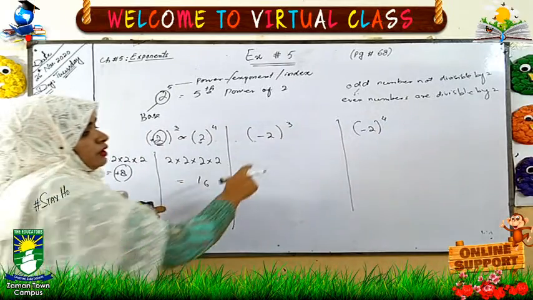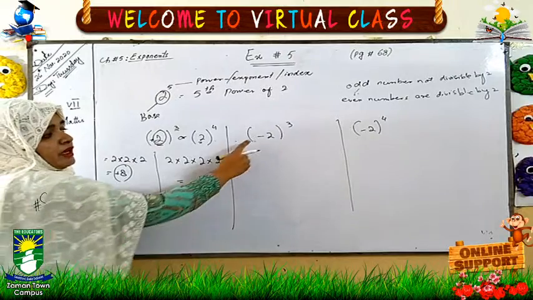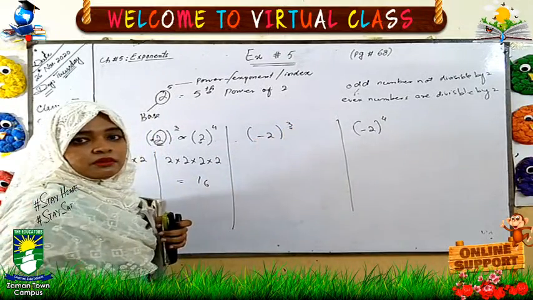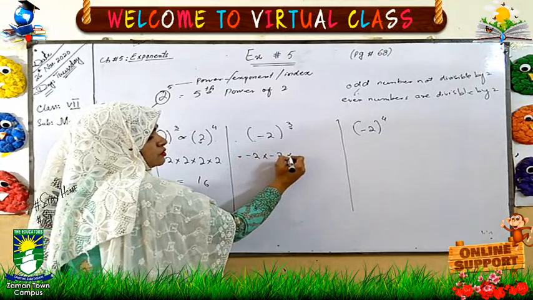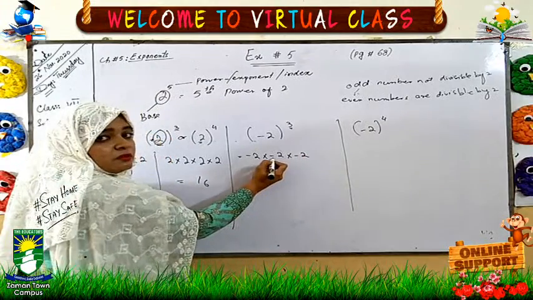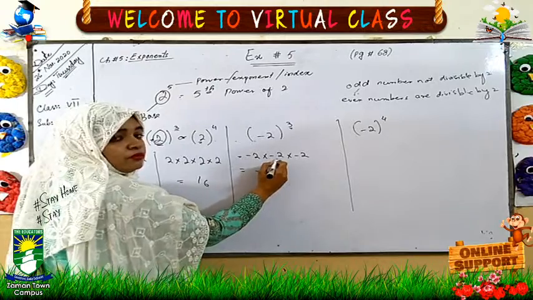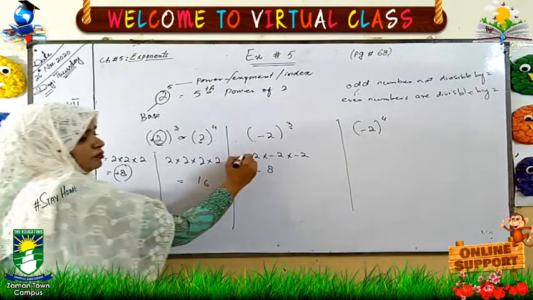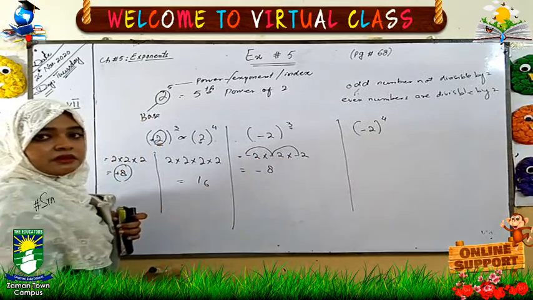But if you have a negative base, for example, here I have minus 2 with an odd power, how will I solve that? Minus 2 multiplied by minus 2 multiplied by minus 2. First we read our signs: minus minus is plus, plus minus is minus. 2 twos are 4, 4 twos are 8. So I have minus 8.